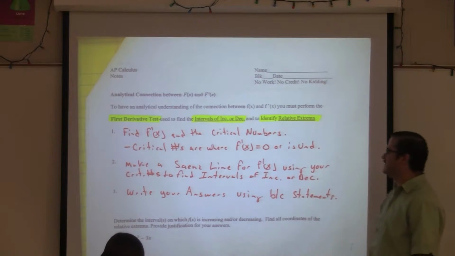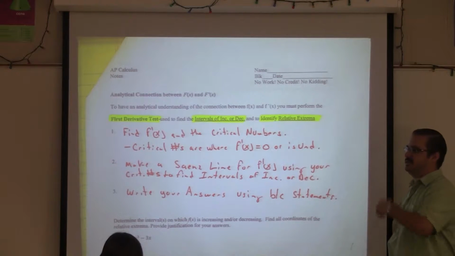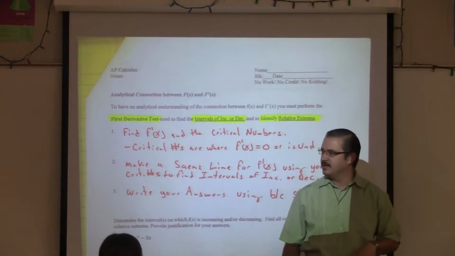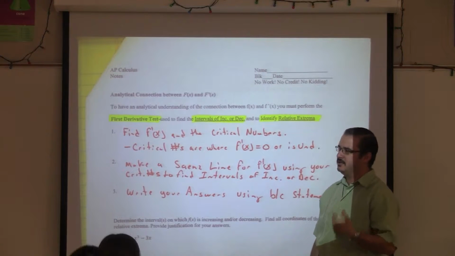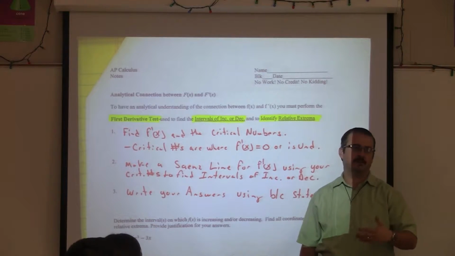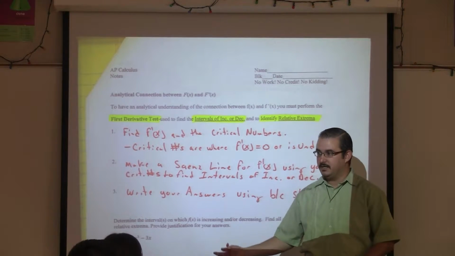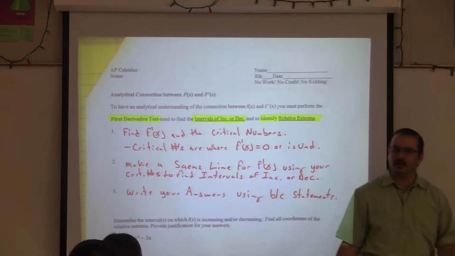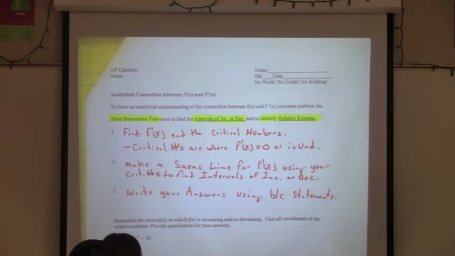Or we could say the function is decreasing because f prime of x is less than 0, or f prime of x is negative, depending on how much you like to write. You understand? Okay, we always have to have our justification for our answers, and that's our because statements.